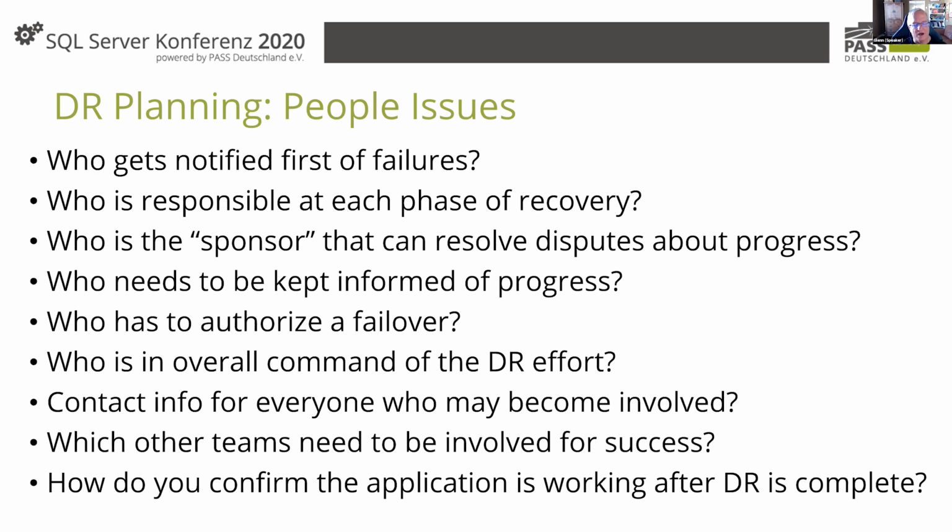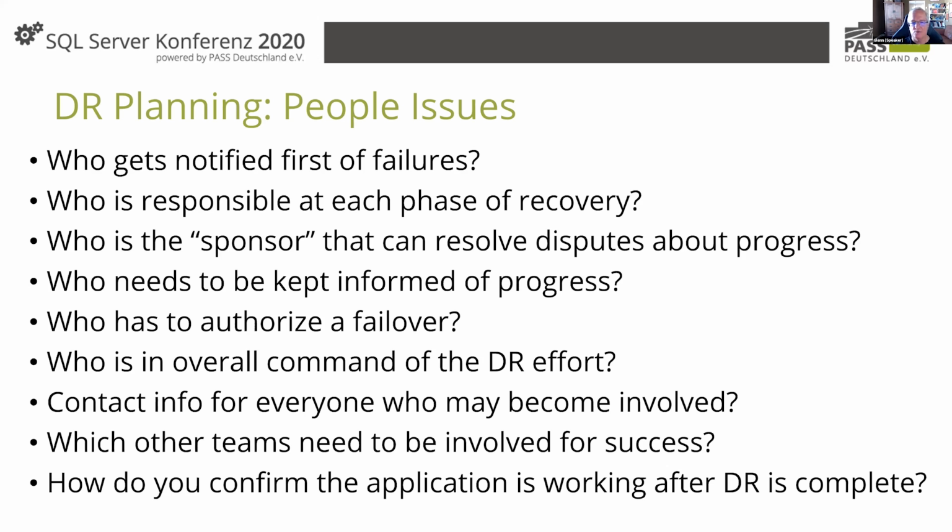And then you need to think about what other teams in your company need to be involved. Depending on what happened, you might need network people and infrastructure people and application people, and maybe some business experts. After you fail over to your secondary data center, or after you recover from whatever disaster, if you're the DBA, you probably know how to log into your application and do some very light, what I call smoke testing.